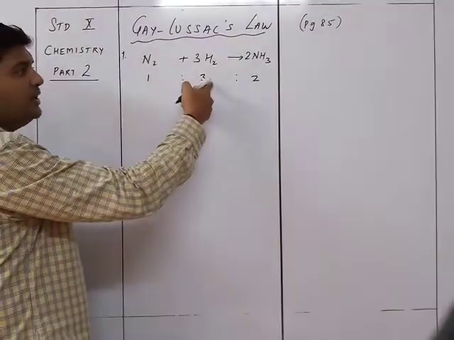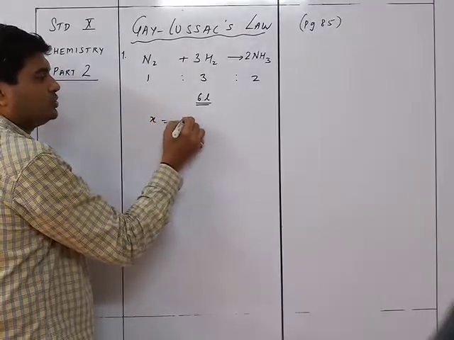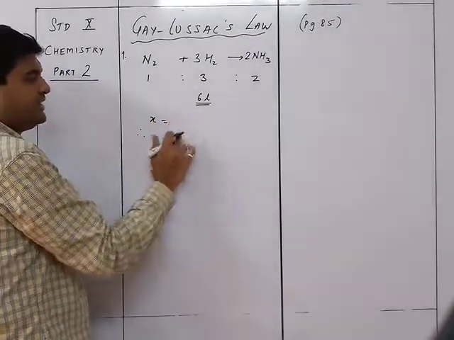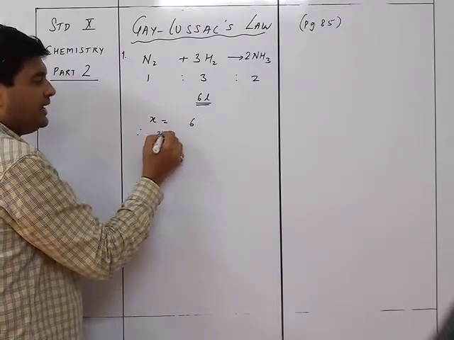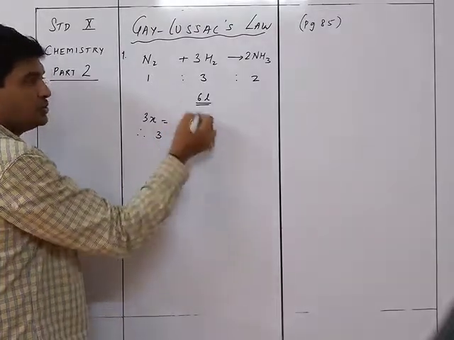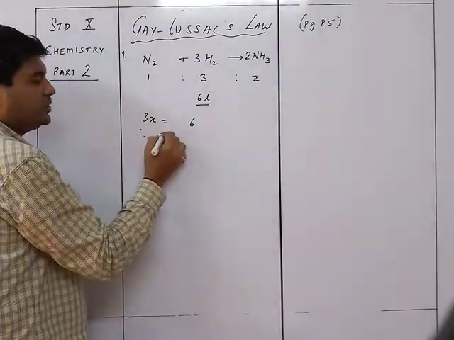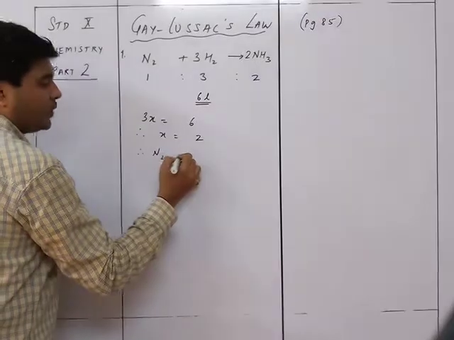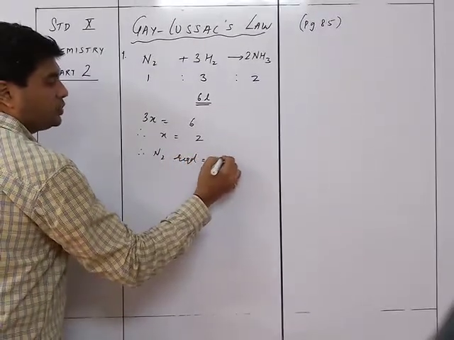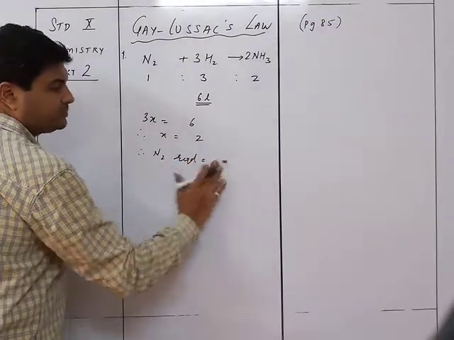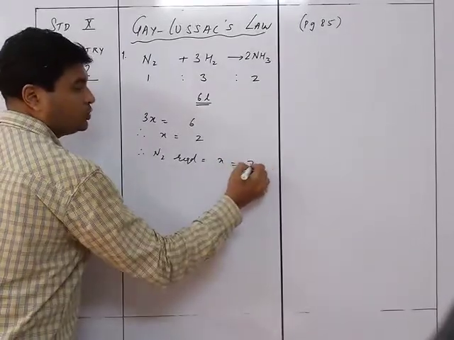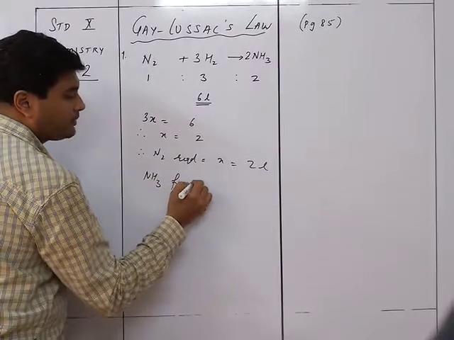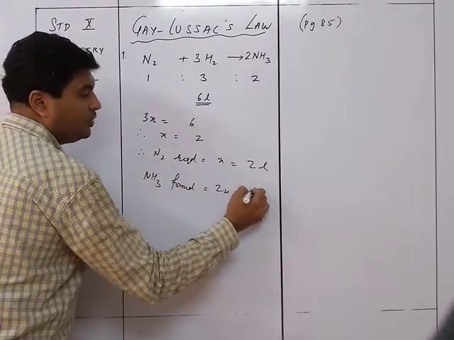Let 3x be equal to 6, therefore x is equal to 2. Therefore nitrogen N2 required is x, which is equal to 2 liters, and NH3 formed is 2x, which is equal to 4 liters.